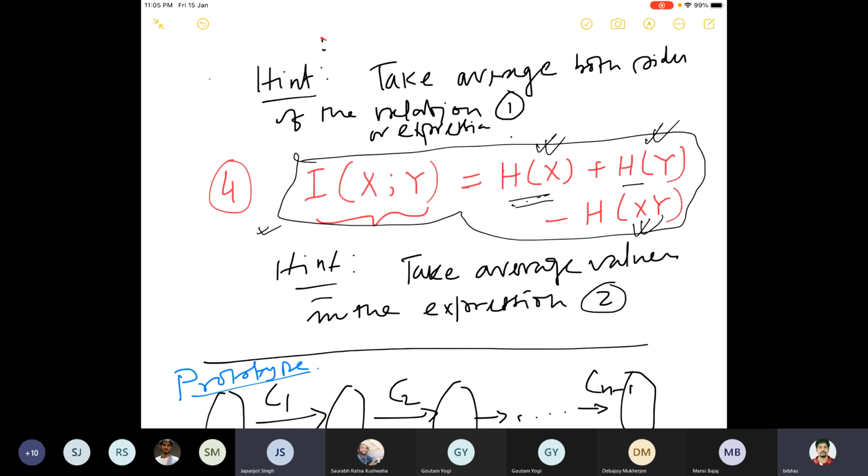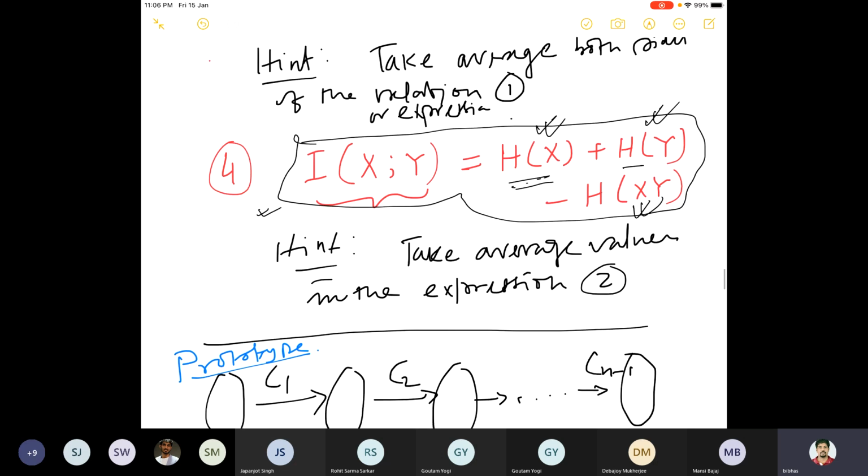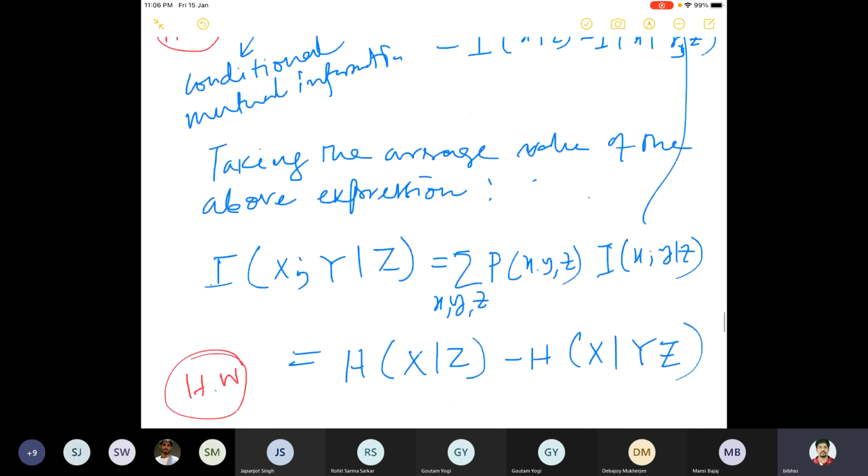So this is how it is related. The average mutual information of x and y is exactly equal to how much information x contains and y contains, summed up, which is the total information, and then subtract the joint information. We talked about how to prove this, and today we'll again explain a lot of things where this will appear.